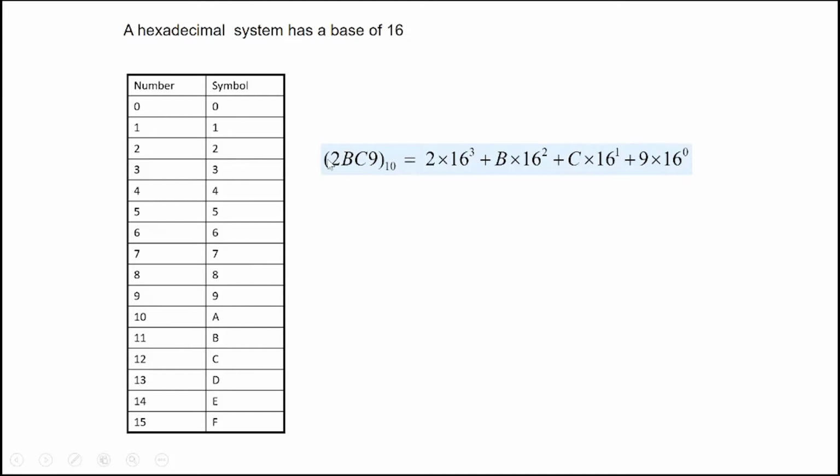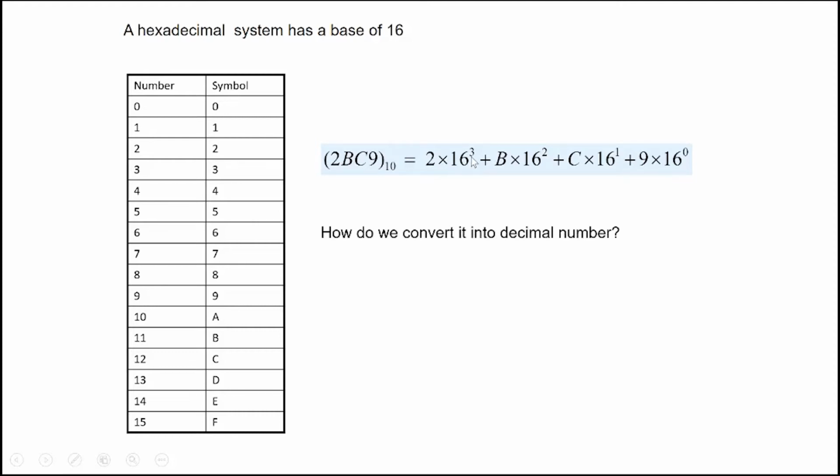So for example, a number 2BC9 to the base 16. So its value would be, the first one would be 9 into 16 to the power 0. The second one, C, is 16 to the power 1. The third one is B, 16 to the power 2. And 2 is here, 16 to the power 3.